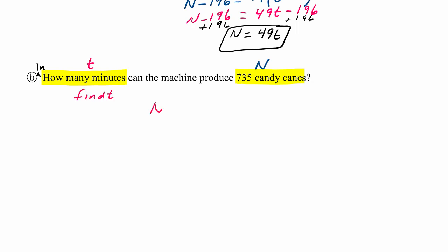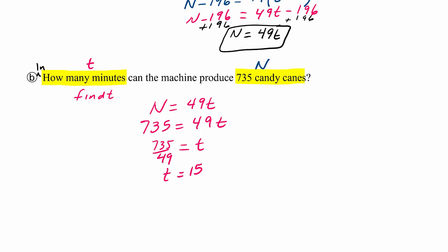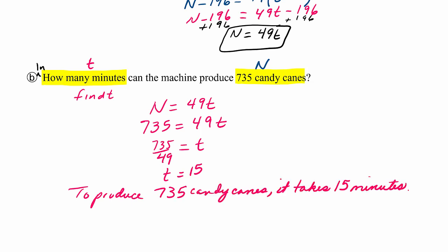So my equation was n equals 49t. So I'm going to substitute 735 equals 49t, and we're going to divide by 49 to find the time. And that is equal to 15. So t equals 15. So the conclusion statement is: to produce 735 candy canes, it takes 15 minutes.